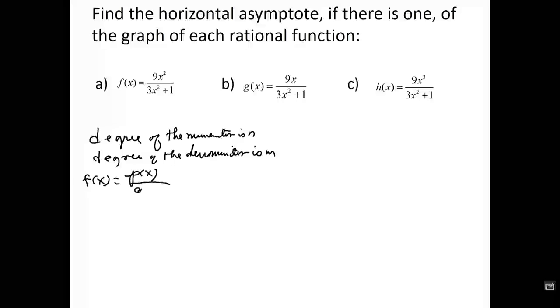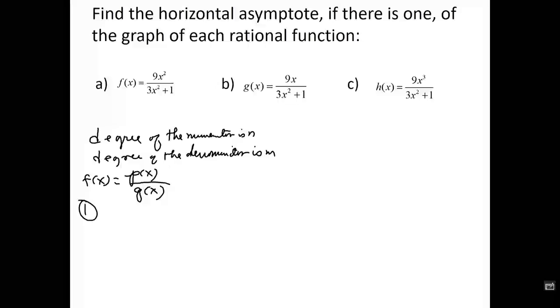The degree of the polynomial in the numerator is n, and the degree of the polynomial function in the denominator is m. So these are the conditions.